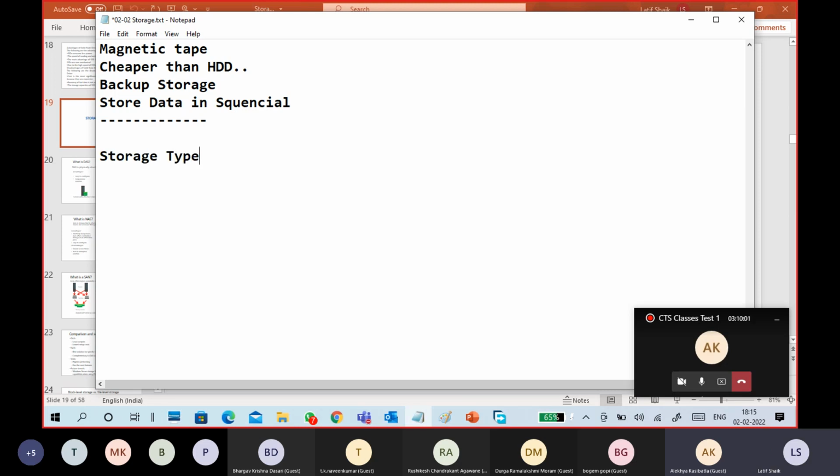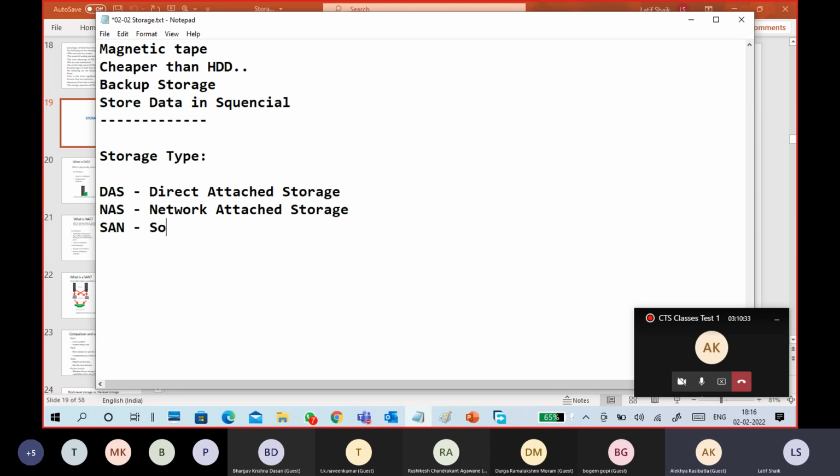Storage types. All the following: DAS, NAS, SAN. These are the main three storage types. DAS means direct attached storage. NAS means network attached storage.